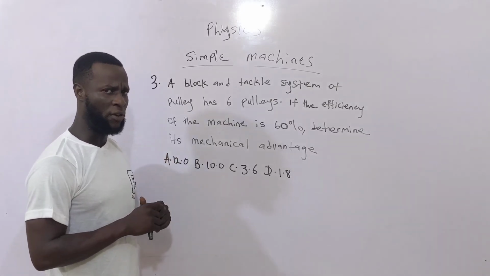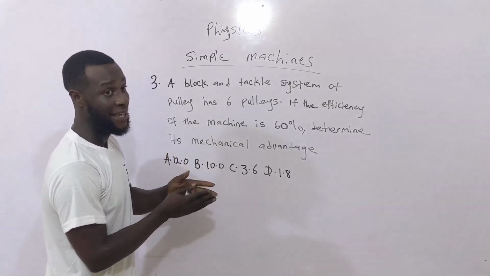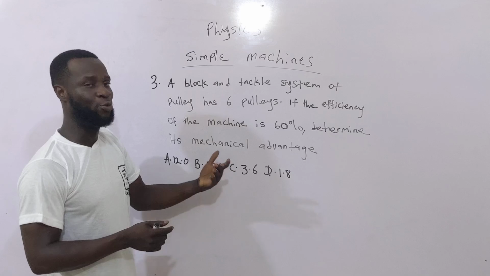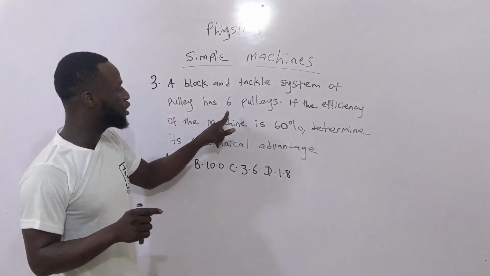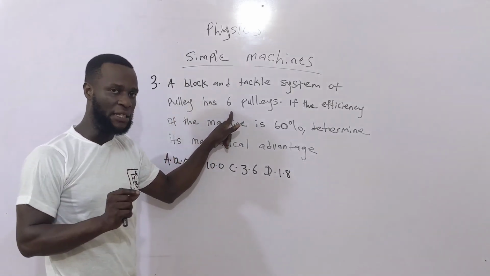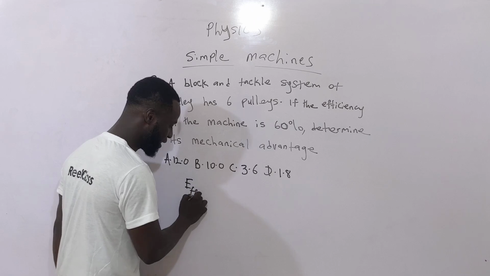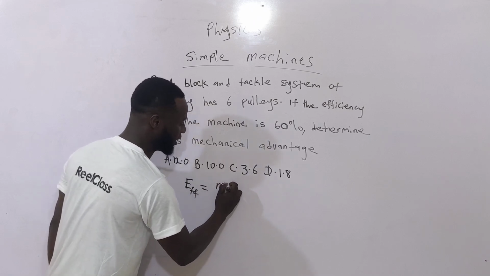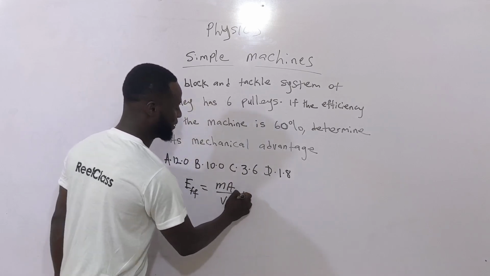From our table, recall again that for a block and tackle system of pulleys, the VR, velocity ratio, is equal to the number of pulleys. So here, our VR is equal to 6. We are looking for mechanical advantage. We are going to now use efficiency is equal to mechanical advantage divided by velocity ratio, all times 100.